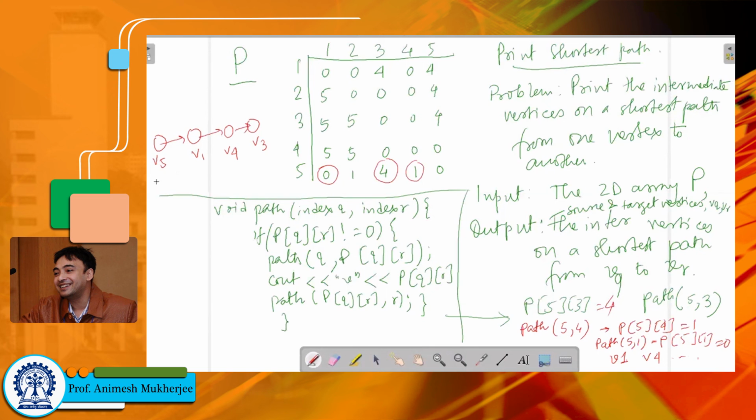So this is the shortest path from V5 to V3, and from the distance matrix D, you already know the cost or the length of this path. So in this way you accomplish the task of not only finding the length of the shortest path but also the exact path.